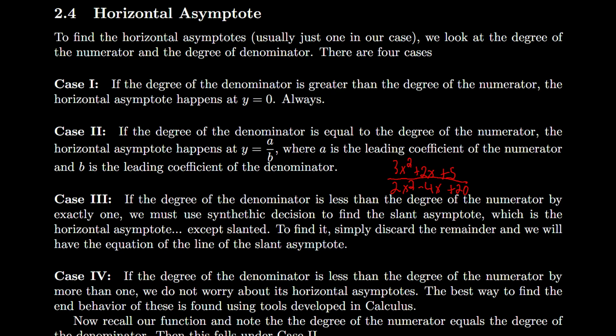The degree of the top is 2. The degree of the bottom is 2. All right? Which means that your horizontal asymptote is going to occur at y equals 3 halves. So you go up 3 halves, 1.5, on the y-axis. You draw a horizontal line through that, and that is going to be where your horizontal line is. So that's case 2. So that's 2 cases, and those are the easy 2 cases.